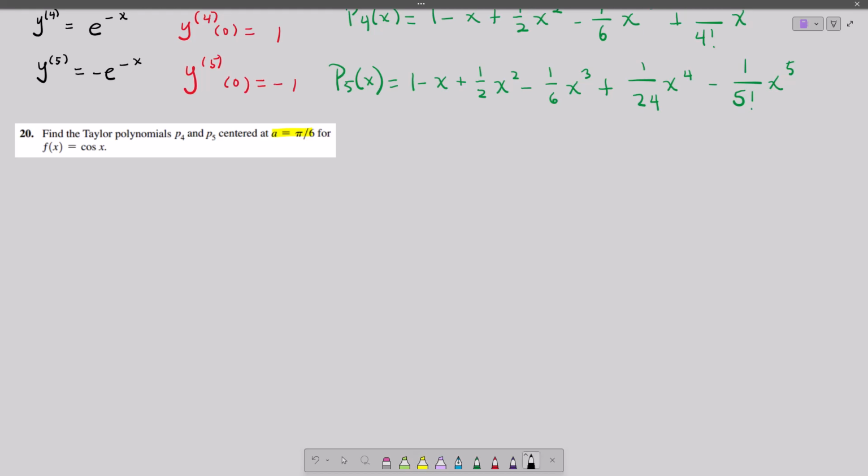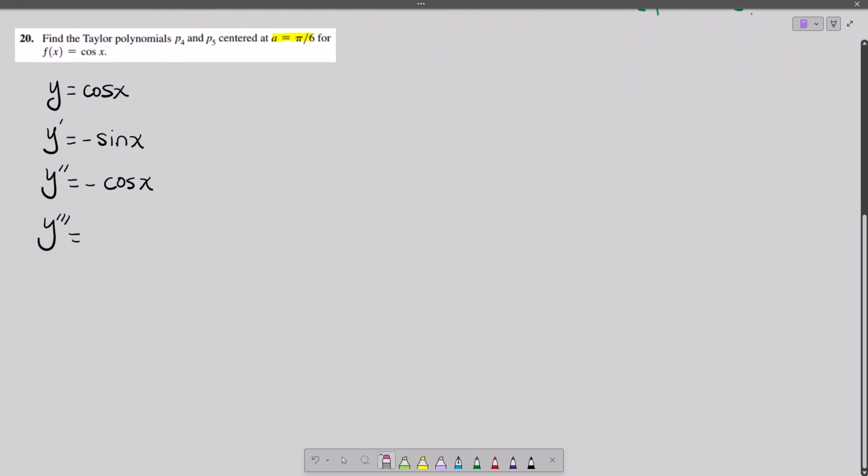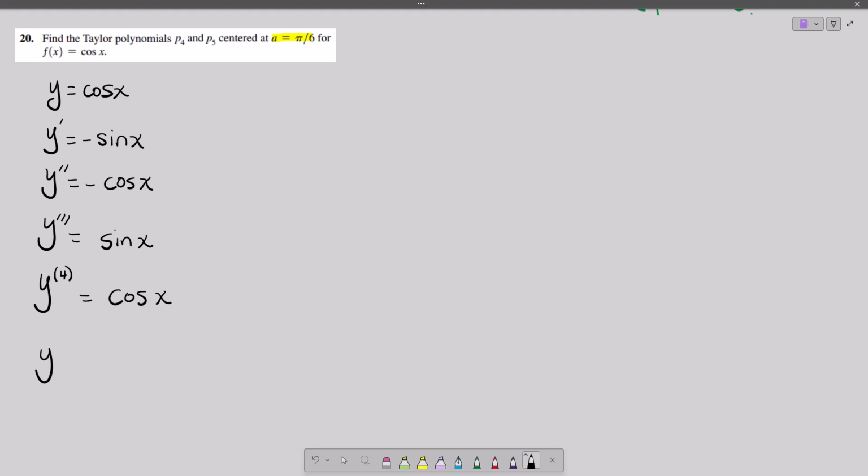We start with our function, y equals cosine of x. If we want P5, we need to go down to the fifth derivative. So let's start happily differentiating. We've got to get all the way down to that fifth derivative. All right, so now we have our 5 derivatives.